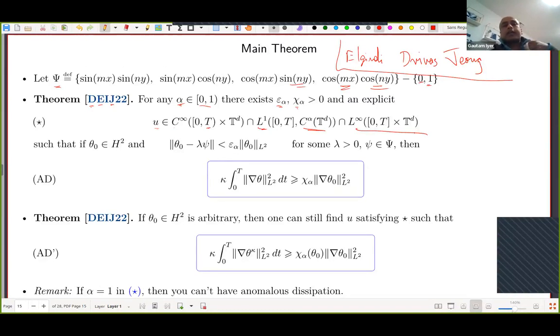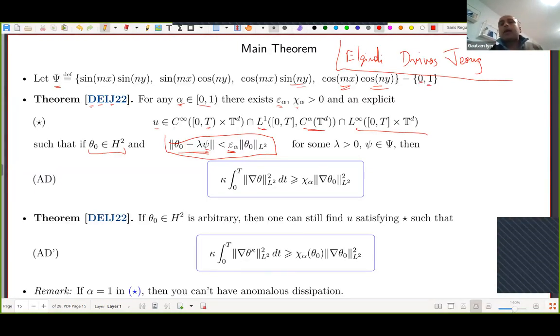Okay. So I can find you this velocity field such that if my initial data is reasonably regular, H2, and is in a cone around these pure harmonics, so this condition I've written over here is just: pick any psi from the set of all pure harmonics, and I need to be in a cone with the angle epsilon alpha around this guy.